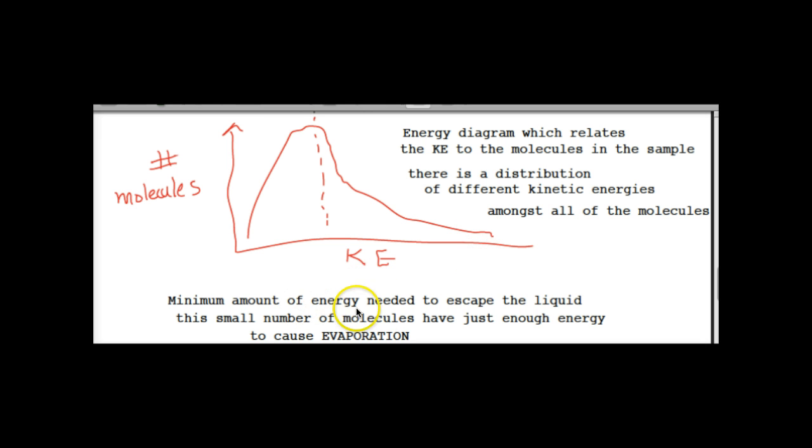So the minimum amount of energy needed to escape the liquid, this small number of molecules have just enough energy to cause what we call evaporation. Now, understand that when some of these molecules leave, it ends up lowering the average kinetic energy. So interestingly enough, evaporation is a cooling process, which I think we already know.